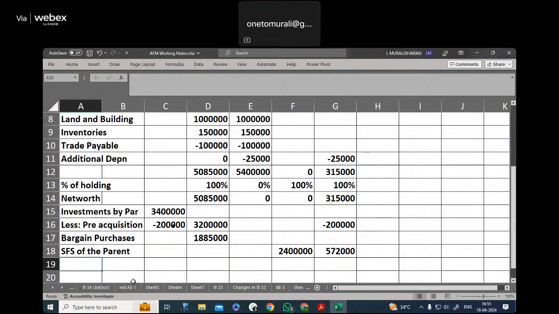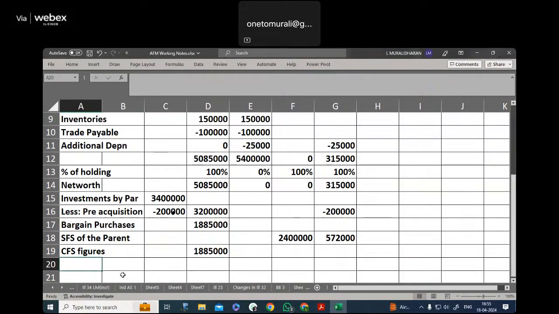Now let us just take up the consolidated balance sheet, the consolidated financial statement. See first figures. Minority interest is going to be 0.